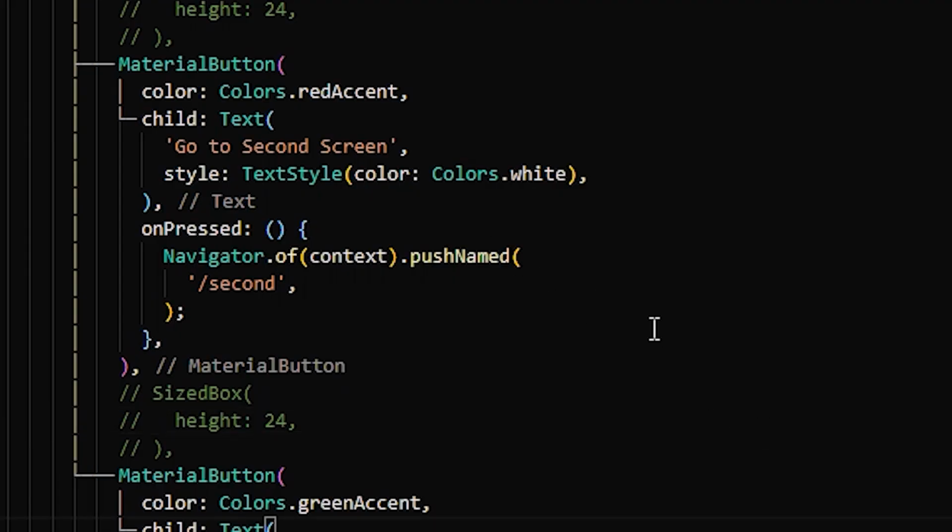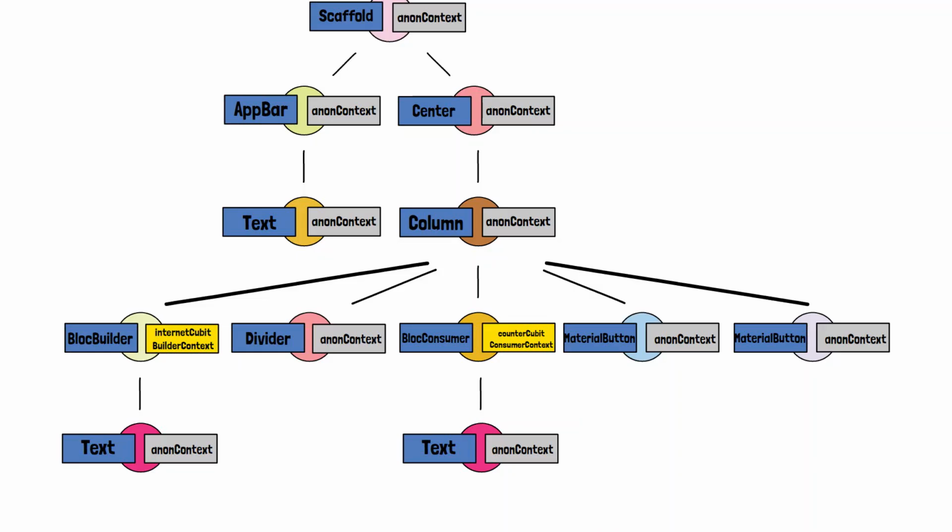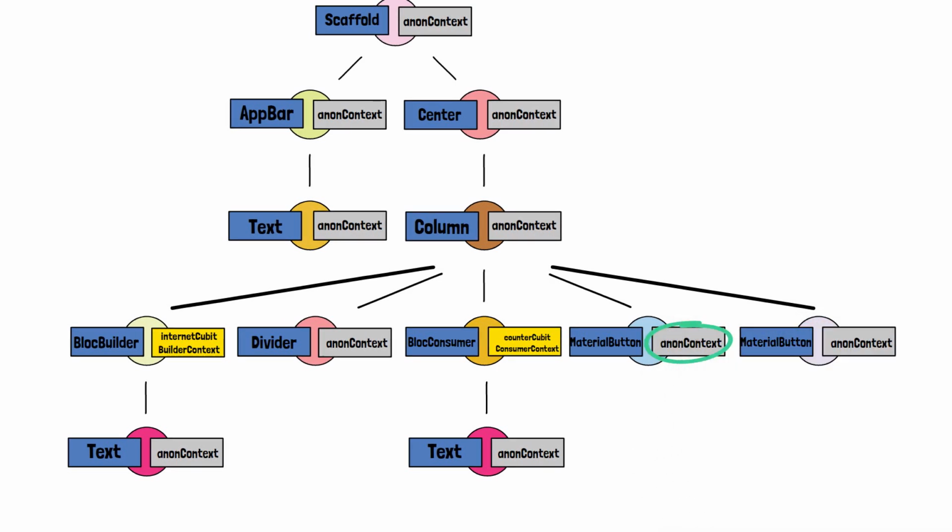So in our case, Flutter will start searching for a Navigator widget right from the provided BuildContext instance, which in our case should be the context of the material button widget. The thing is that since the material button is built within an anonymous context, we can't access it, so we cannot mention it inside the Navigator.of line of code.